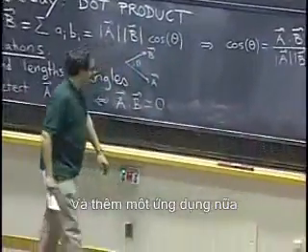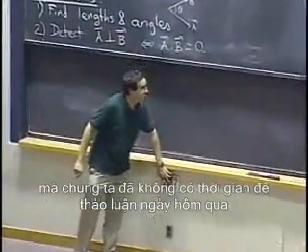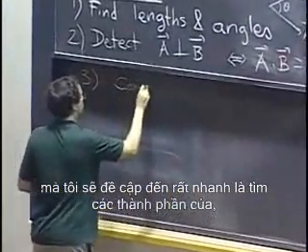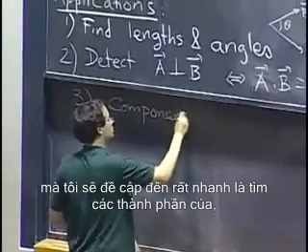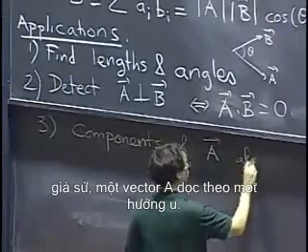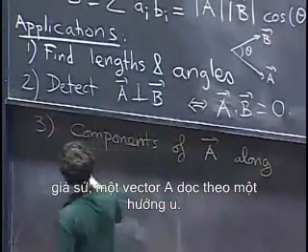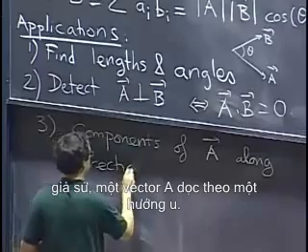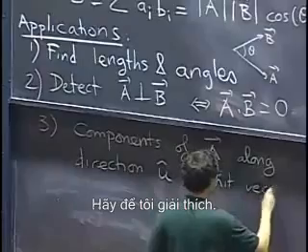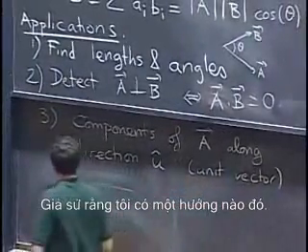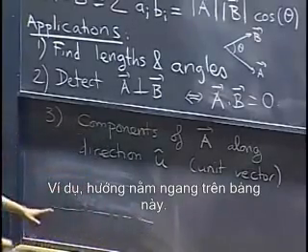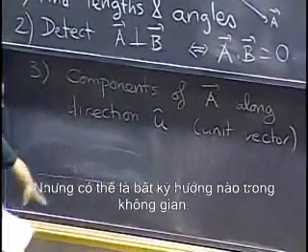A third application that we didn't have time to discuss yesterday, but I will mention very quickly, is to find the component of a vector A along a direction U, some unit vector. Let me explain. Let's say I have some direction, for example the horizontal axis on this blackboard, but it could be any direction in space.